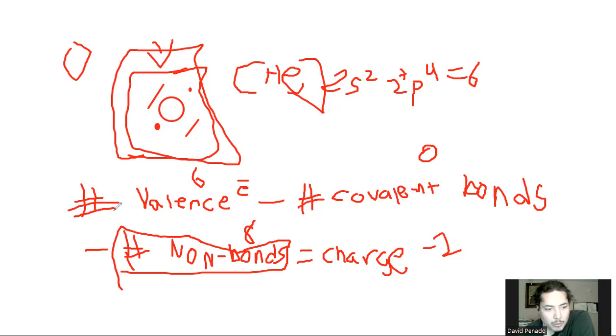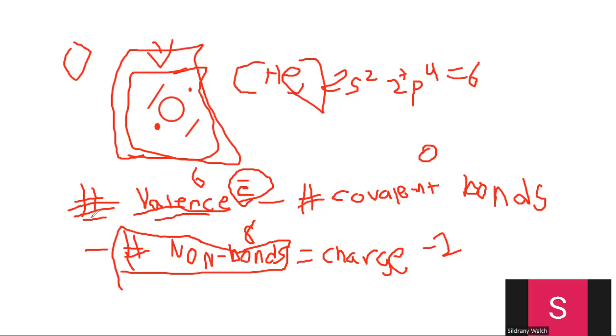So when it's saying the number of valence electrons, it's the number of electrons on the last shell, so the maximum.